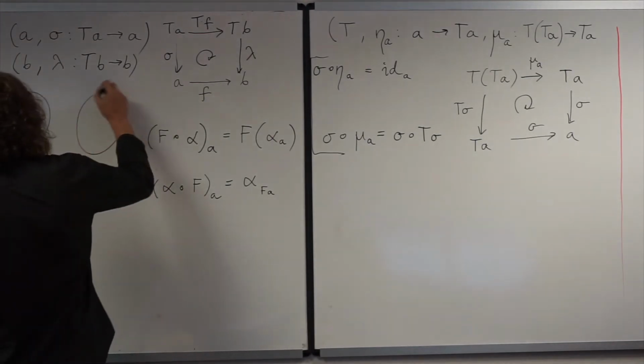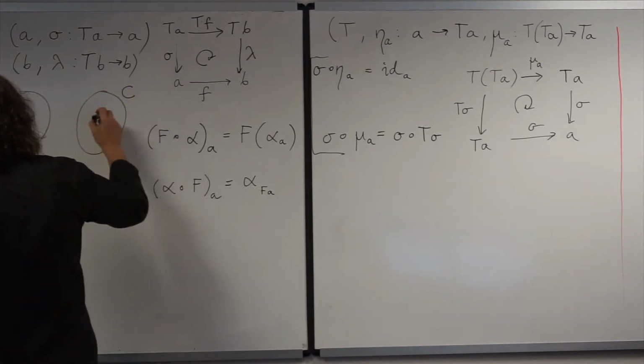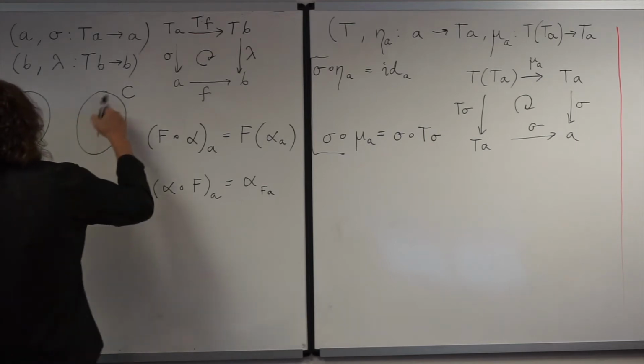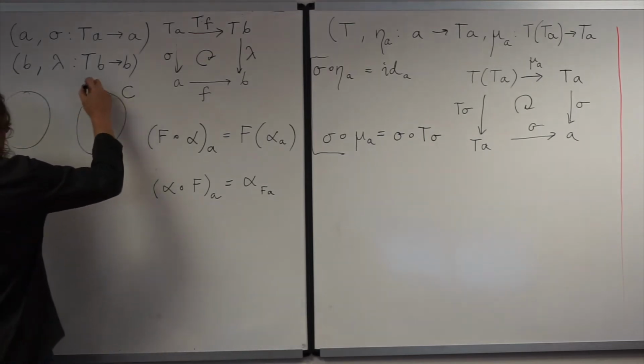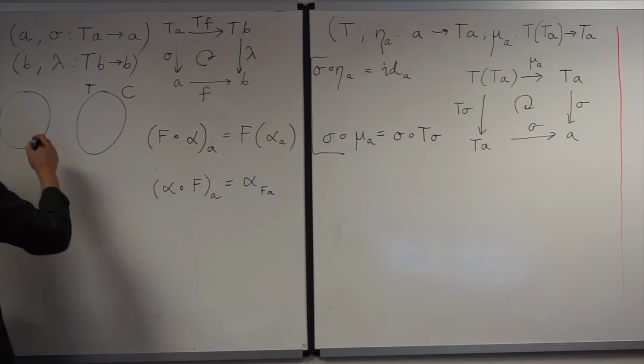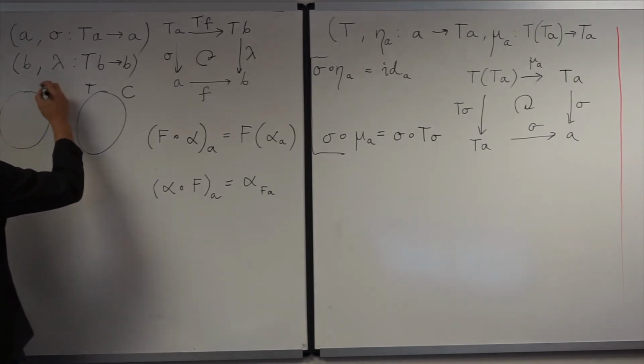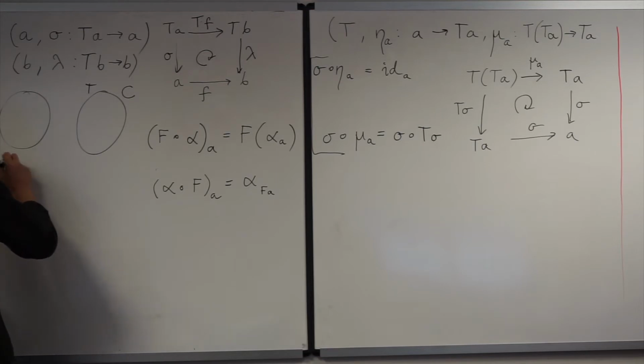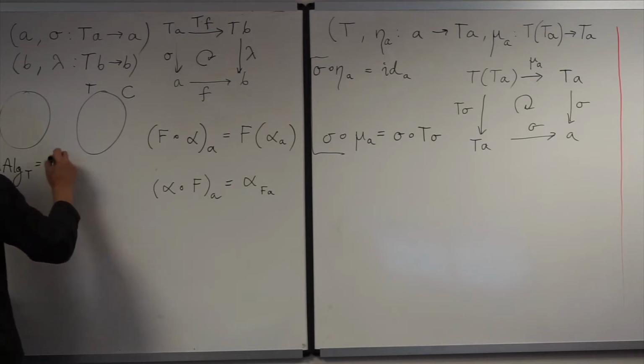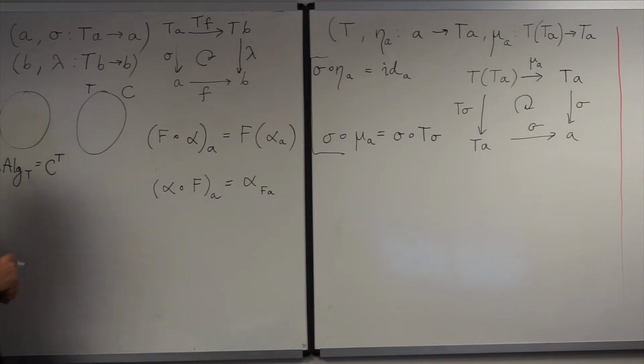My right category is some C in which I have this monad T acting on category C. My left category will be the category of monad algebras for T, which is also called C with a superscript T. That's the Eilenberg-Moore category.